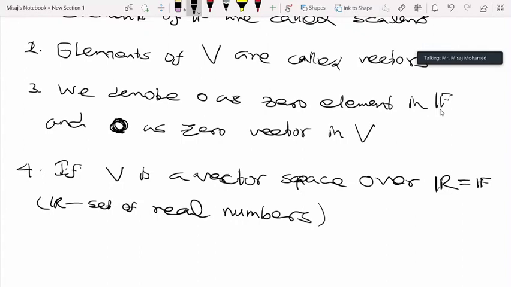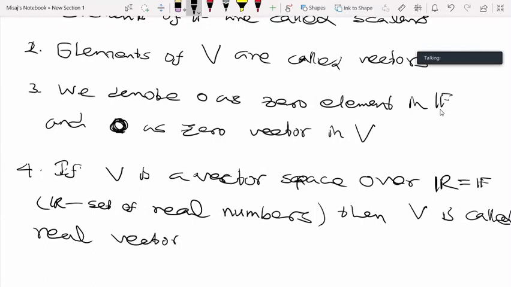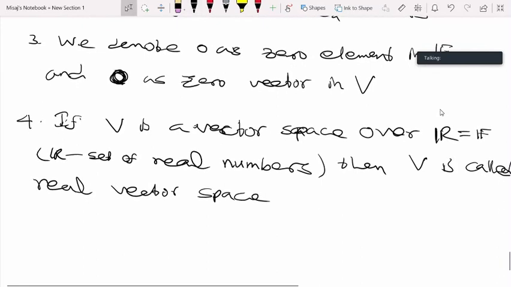If V is a vector space over R, then V is called a real vector space. Right? Real vector space.